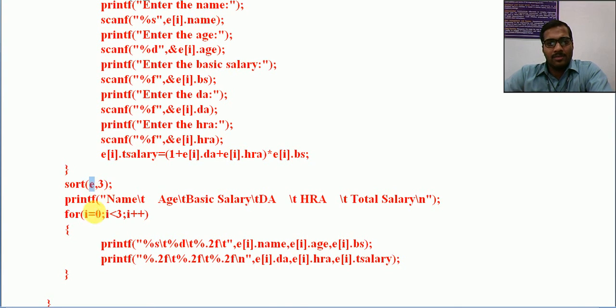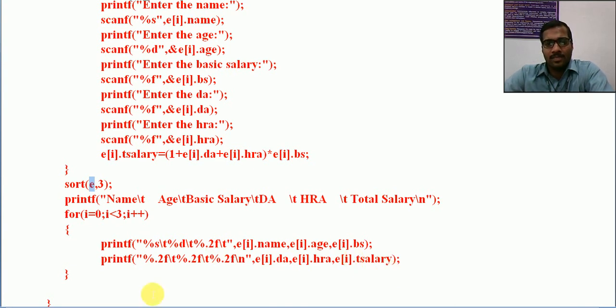So when we print this e now, it will print the details in ascending or descending order, depending on the sorting. While calling sort, this e structure variables will be sorted. Then print headings separated by \t. Then for i equal to 0 to less than n, print e[i].name, e[i].age, e[i].bs, e[i].da, HRA, tsalary, or you can write it as a single printf also.